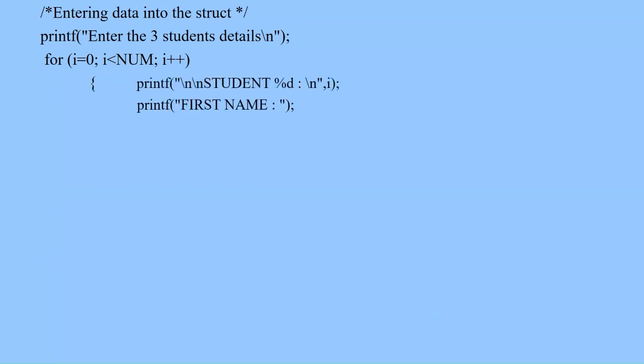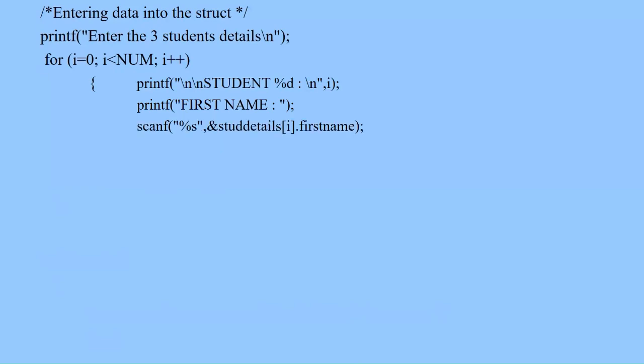Then, just as we have done for Pascal, we do the same for C. We display the message, enter the student details. Then we initialize counter to 0. We check if the value of counter is less than num. Num is 3, so 0 less than 3, yes. So we display that statement. The user enters first name.